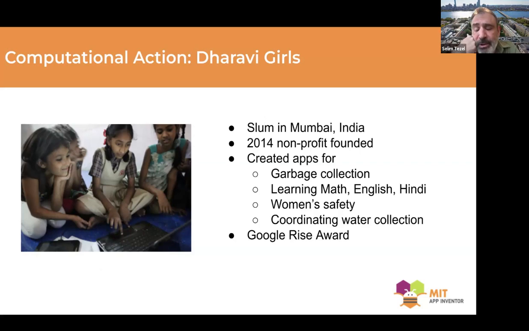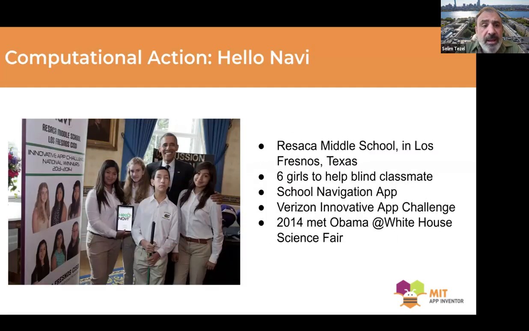For example, organizing garbage collection, or teaching math, English, Hindi, creating apps for women's safety, coordinating water collection, etc. They were doing all of this with App Inventor, and Google noticed this and gave them the prestigious RISE Award in 2014.